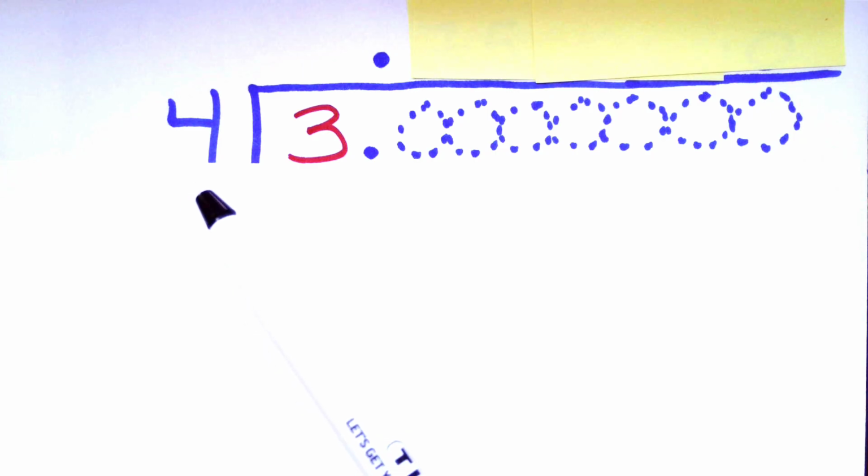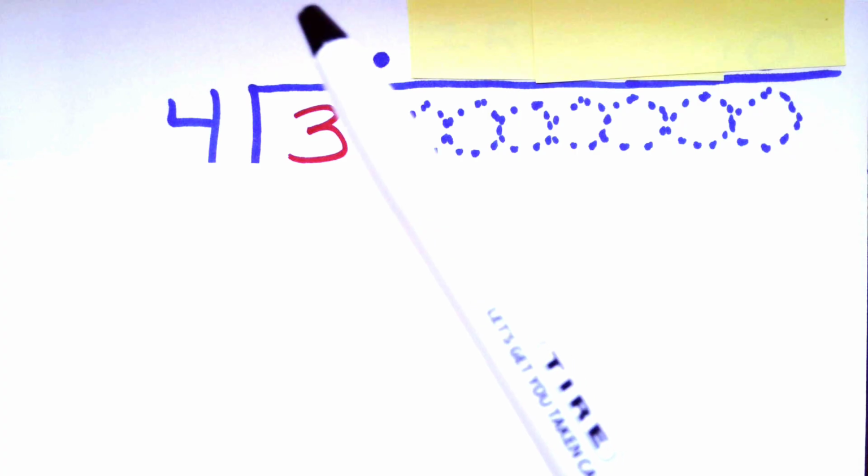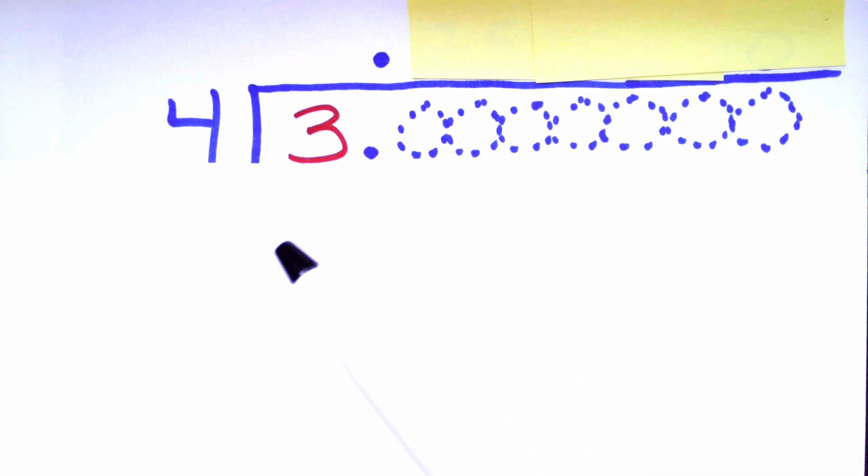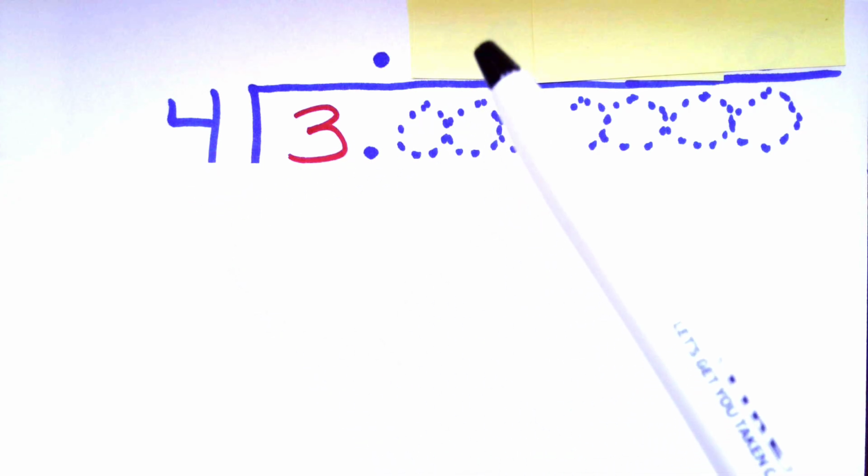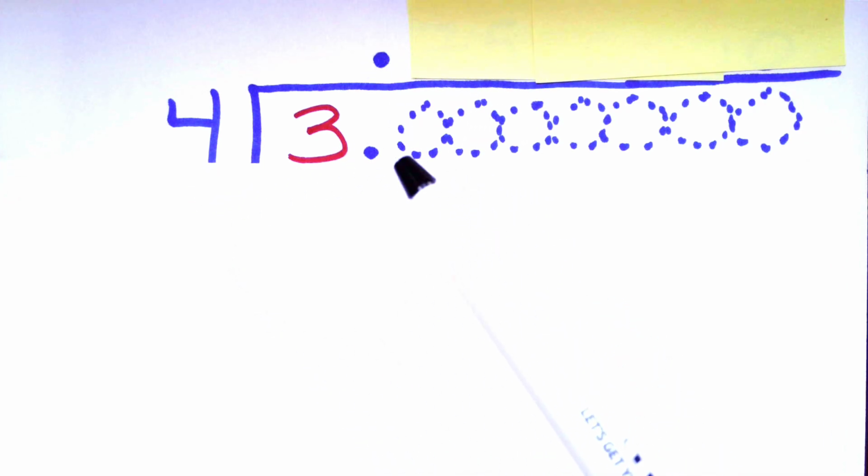And there are no whole numbers, right? So there's a placeholder here of 0. So now I'm going to include the digit to the right of 3. So 3 becomes 30. 4 times what number gets me closest to 30 without going over? Okay, I know 4 times 5 would be 20.